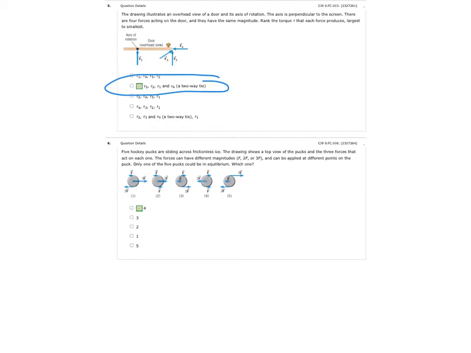And not that all of you didn't figure it out, but if this is the axis of rotation right there, then you can see that F4 and F1 are going to be 0, but you can't just say they are 0. You have to say because they go through the pivot point. Or I guess flipping physics must use axis of rotation, but that's fine.